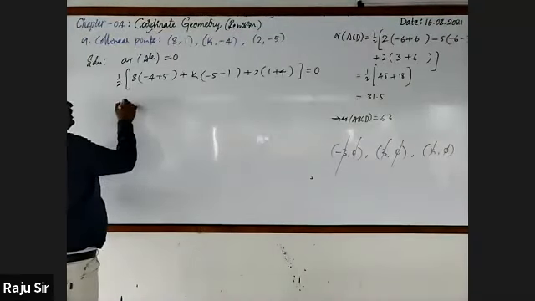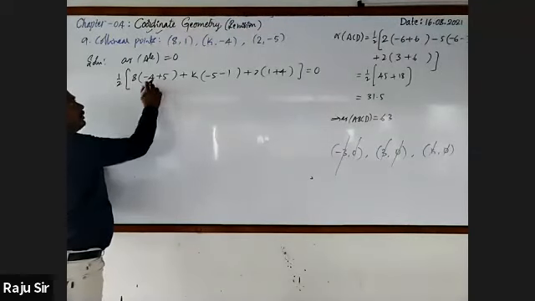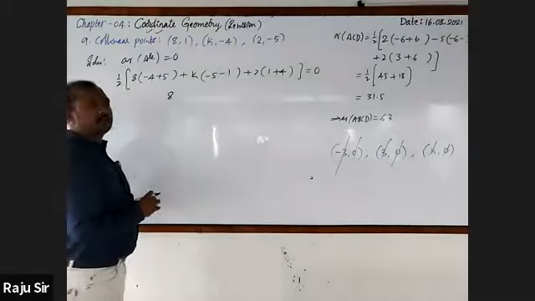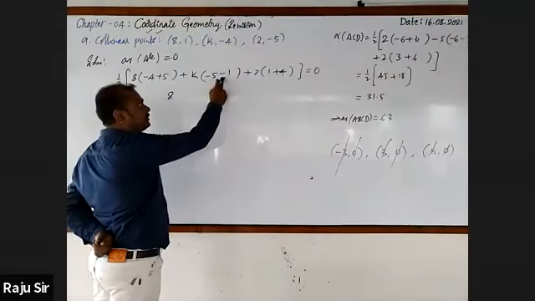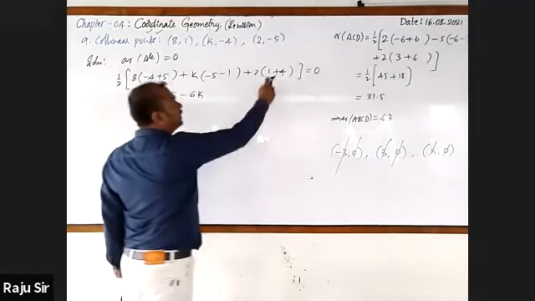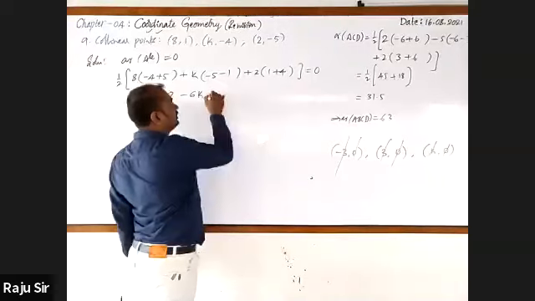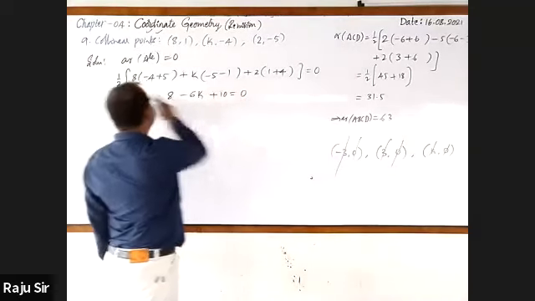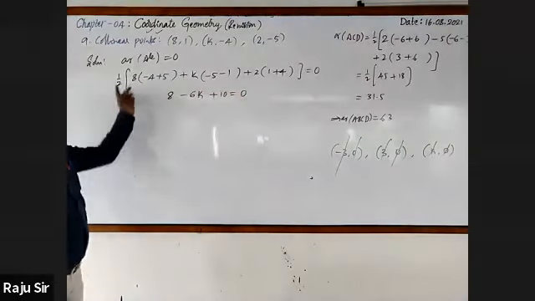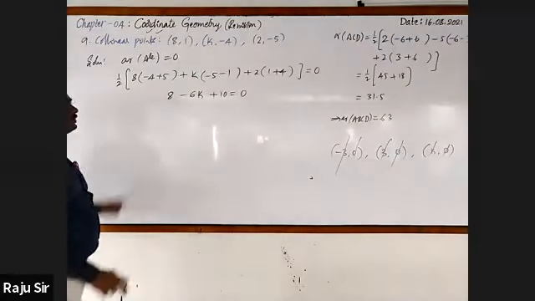Next, -4 plus 5 is 1, 1 8 are 8. -5 minus 1 is -6. Then 1 plus 4 is 5, 5 2s are 10, equal to 0 into 2. Cross multiply the 2 with the 0, 0 into 2 is 0.